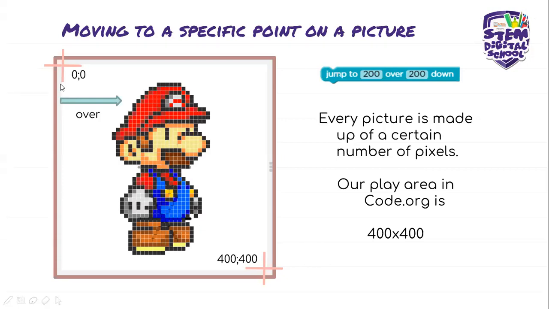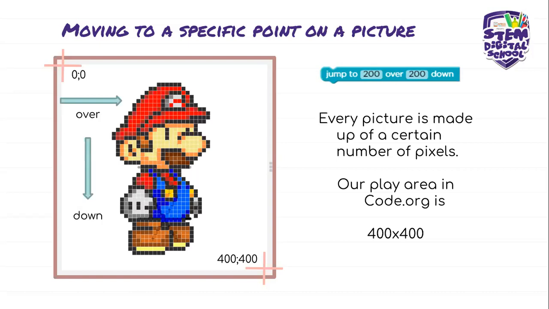So from the left-hand side all the way to the right-hand side, we will have 400 pixels, 400 little squares. And if we go down, we also have 400 squares. So our whole picture made on code.org is the size of 400 pixels by 400 pixels.